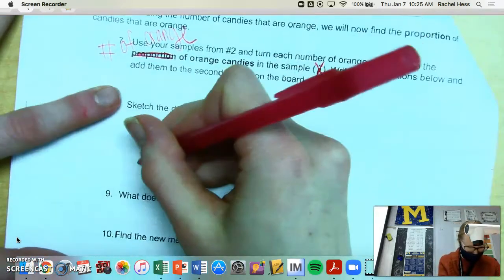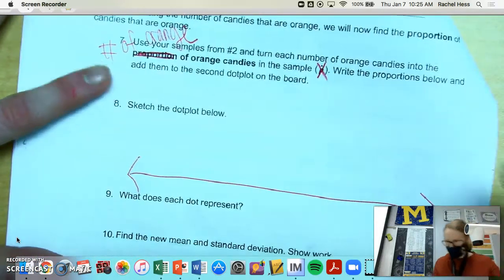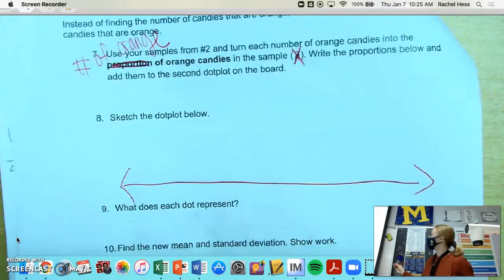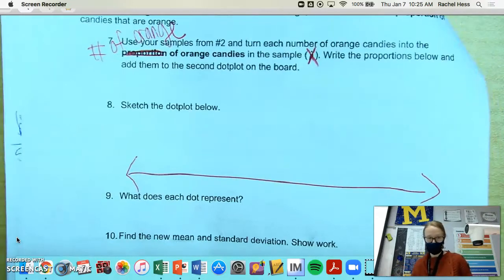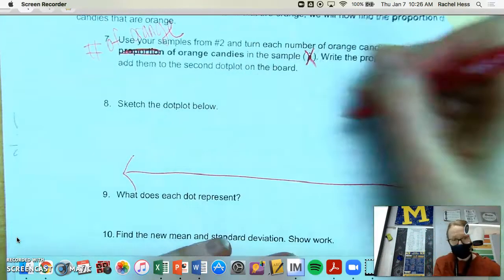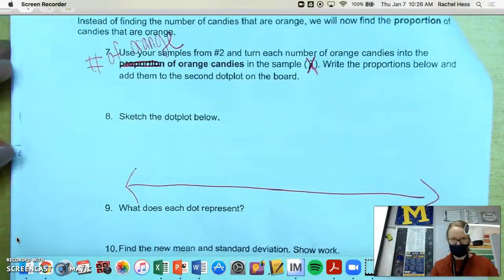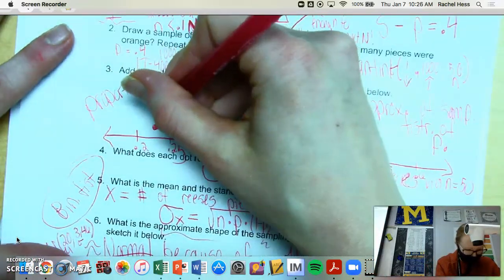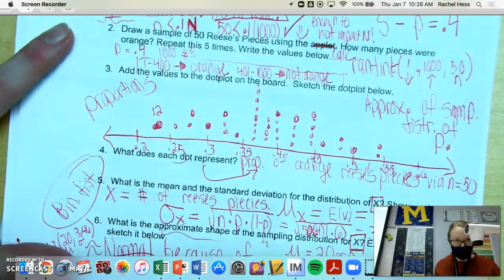So if we were to resketch this dot plot, and we already talked about this, this would look identical, right? So I wish I could take my camera for all those people at home. What I could do is just take this and it would be the exact same sketch, just with the number instead. So draw approximately the same picture as you see here. But if you see 0.24, well, that would mean I had 12 Reese's Pieces, right?